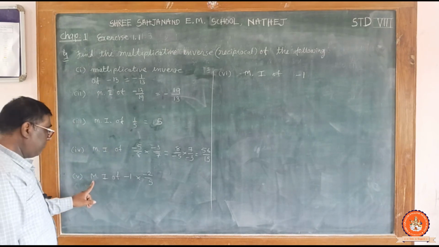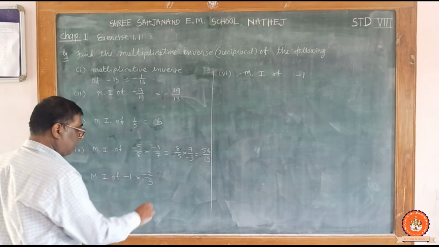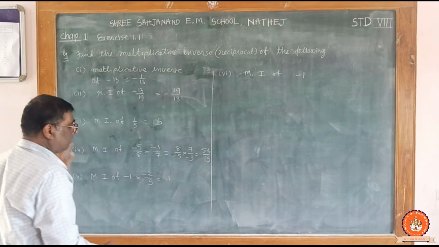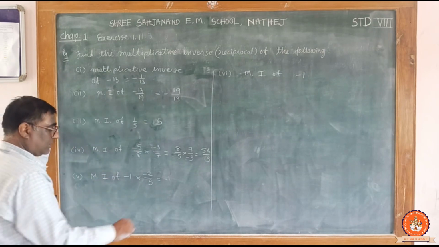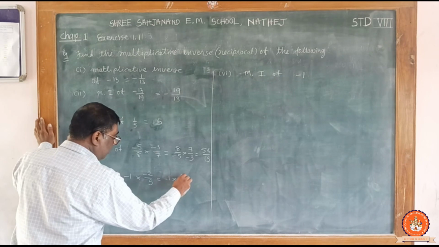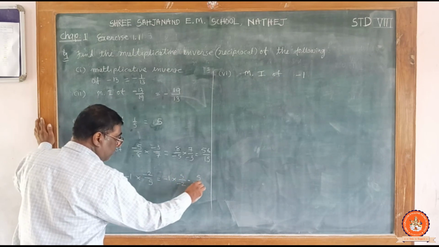Now again, multiplicative inverse of minus 1 into minus 2 by 5. So minus 1 का multiplicative inverse minus 1 ही होगा, क्योंकि minus 1 को उल्टा करो, 1 divided by minus 1 will be minus 1, into 5 by minus 2. So 5 into minus 1 is minus 5, divided by minus 2.